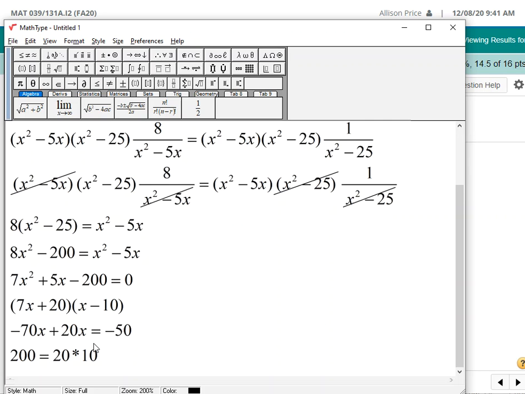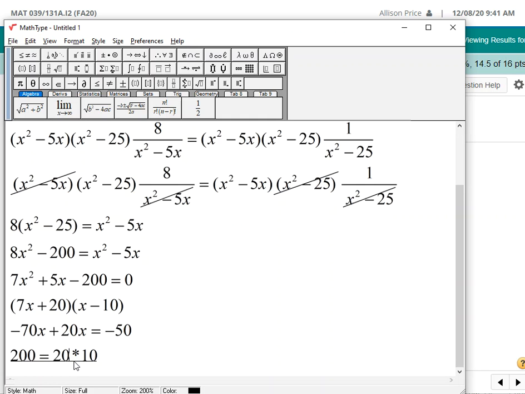So I'm going to try to get numbers that are even closer together, instead of 20 and 10, something bigger than 10. What goes into 200 that is maybe bigger than 10? I'm thinking about this.